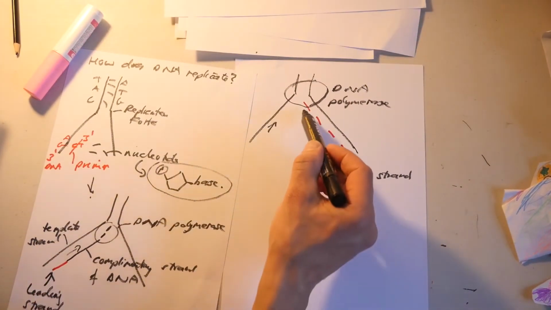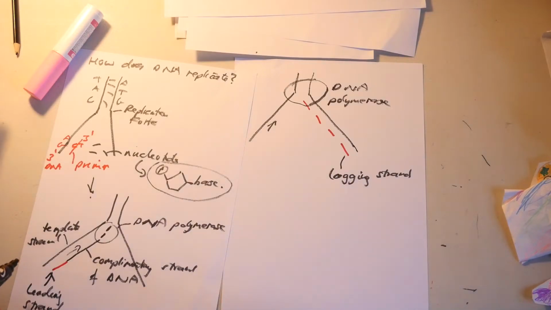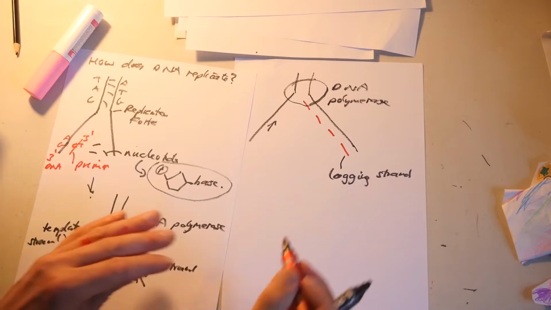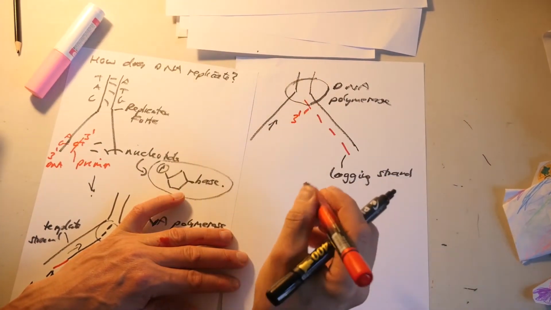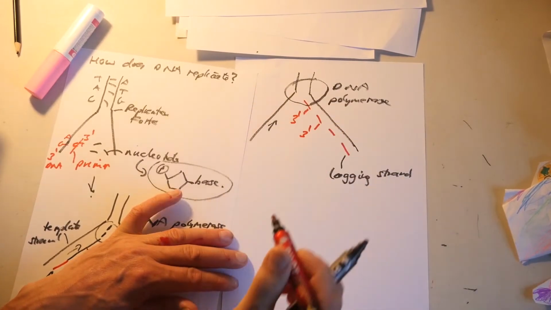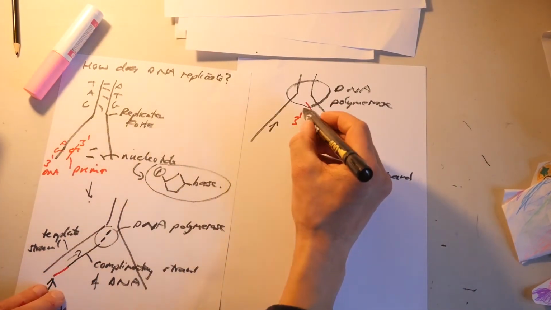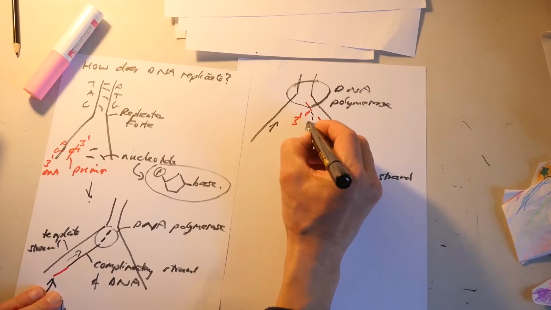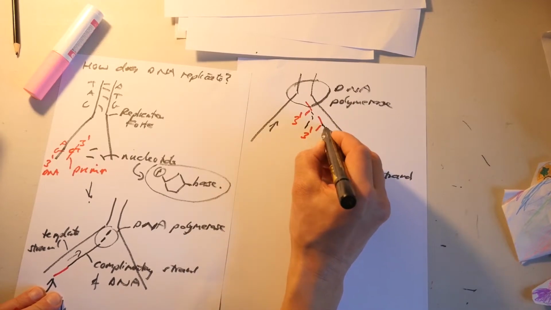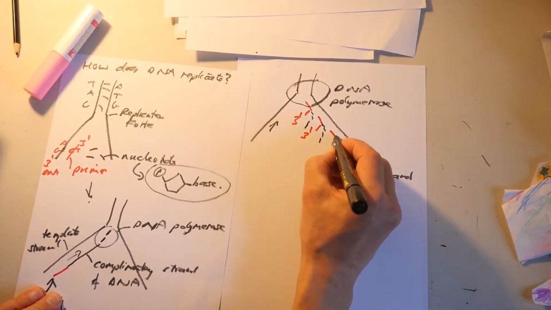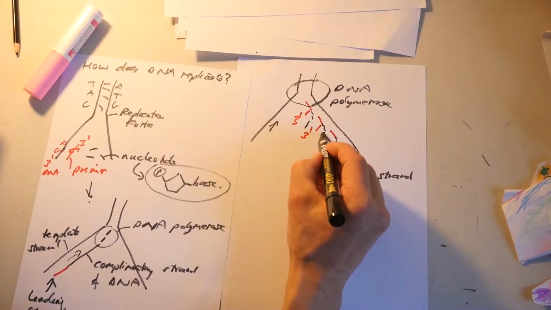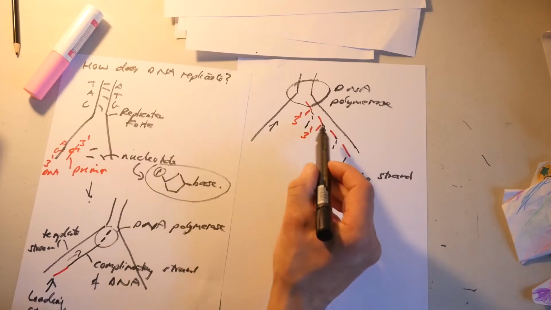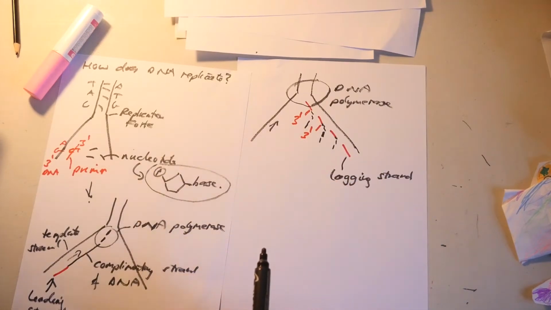The lagging strand is made of primers again, so you've got a 3' end, okay? And then each one has lots of nucleotides joined to it. They don't actually form the shape, I'm just showing you the nucleotides get attached, okay?